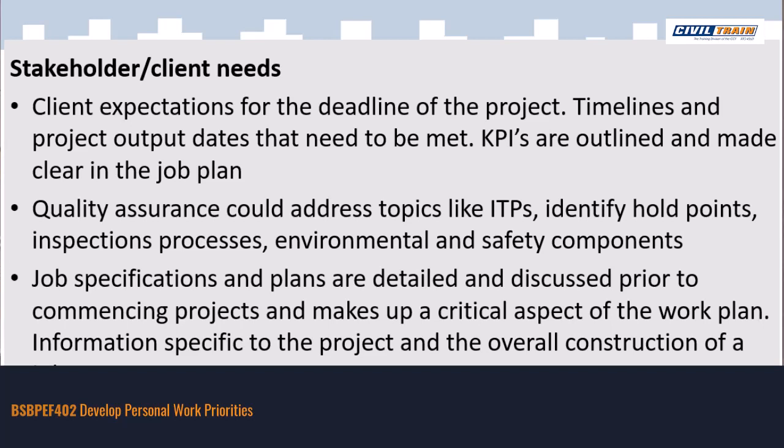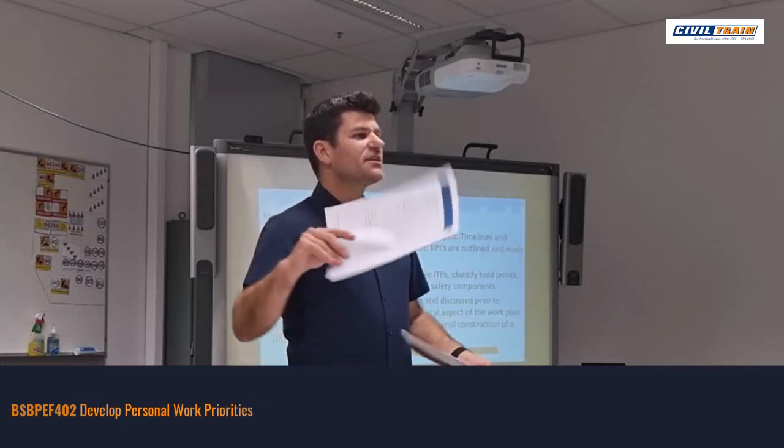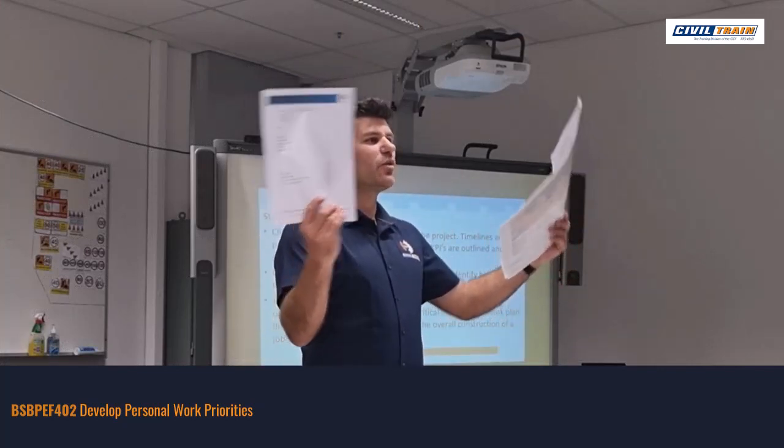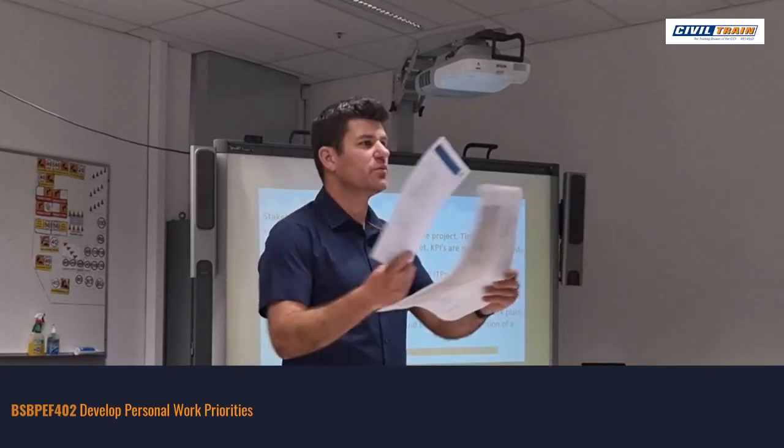Job specifications and plans in detail discussed prior to commencing projects. We haven't purposely done it, but there are discrepancies in here. No doubt Rowan probably might remember some of these, but basically the plan and the spec don't always align. How often or not do you find that, where you find discrepancies within that?